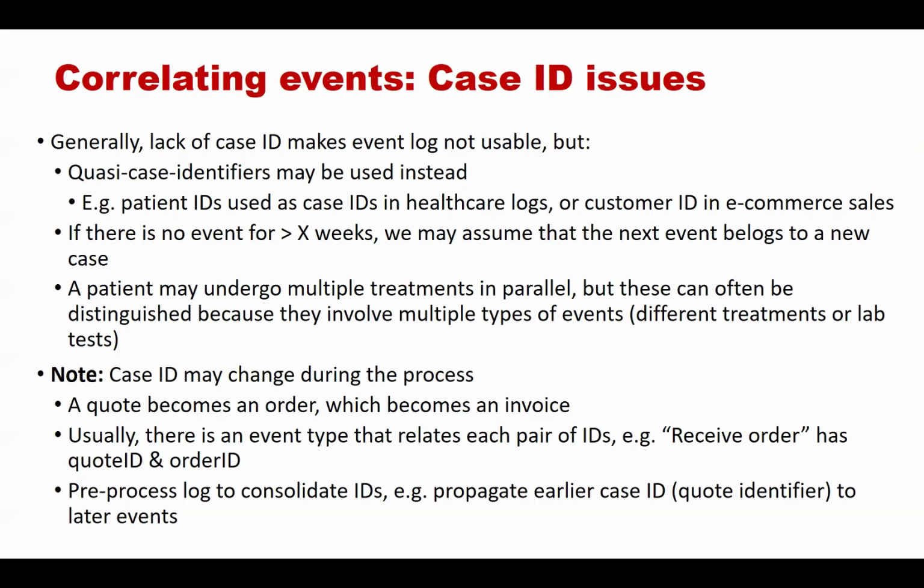The only identifier I have next to each event is the patient ID, but the patient might have undergone multiple treatments in parallel at the same time. So it's not very easy to separate them. If they are sequential, okay, you can say that in this period of time this patient was being treated for this, and in that period of time they were being treated for that.